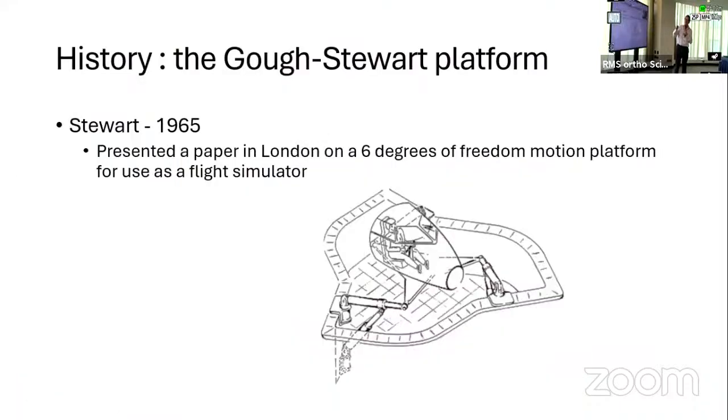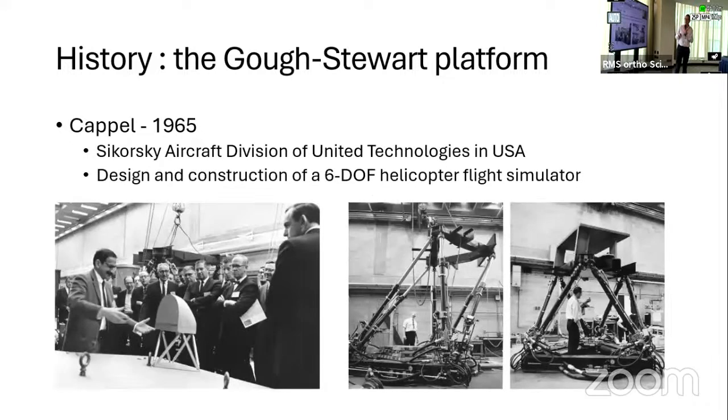And then in 1965, this man called Stewart presented a paper on using a platform to create a flight simulator, but nothing really happened. It was just one paper. About the same time, in America, this man, Cappel, working for a helicopter factory, wanted to create a helicopter flight simulator.